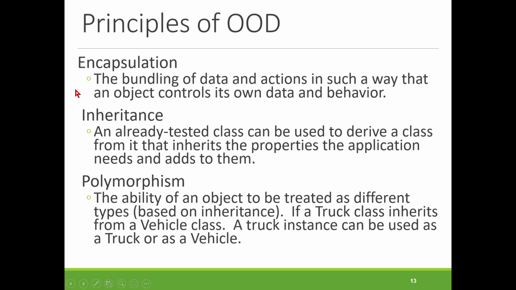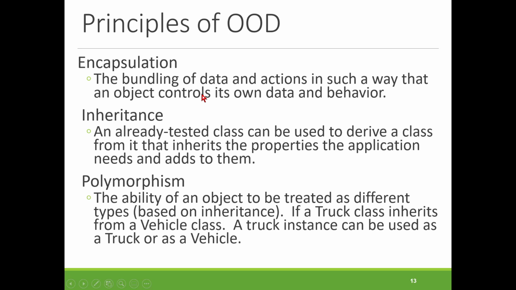And so those are publicly accessible ways to access the data. And this way the date can make sure that all of the values it contains make sense. For example, let's say that an object let outside code just come in and change the day, month, and year any way they wanted.